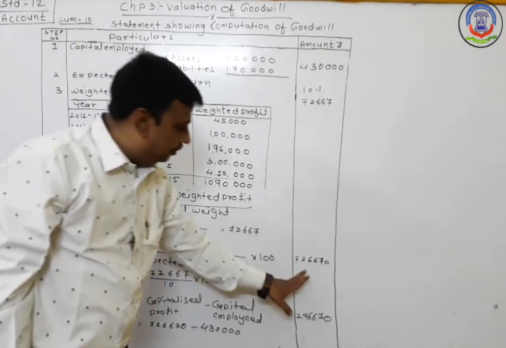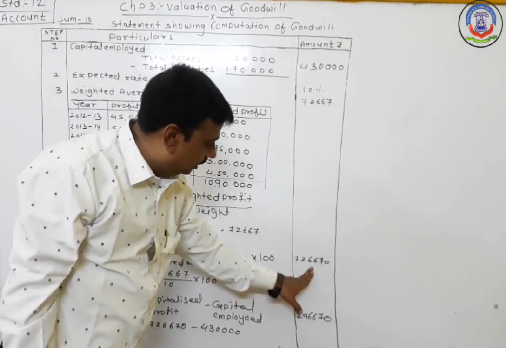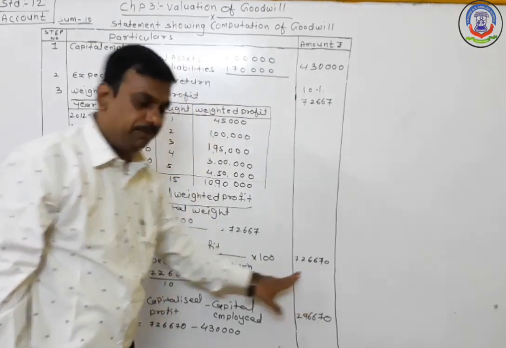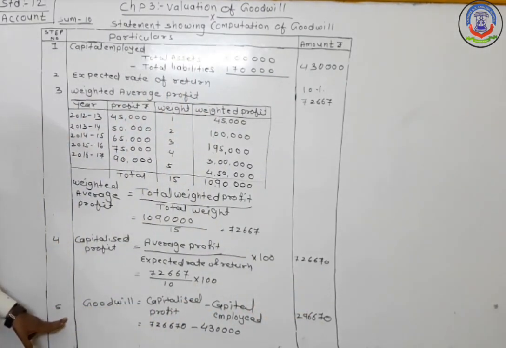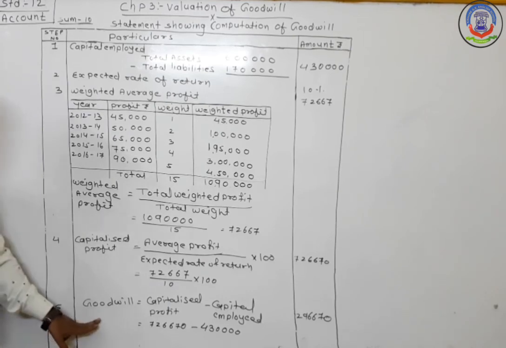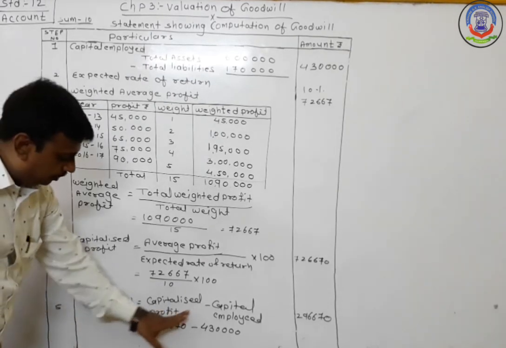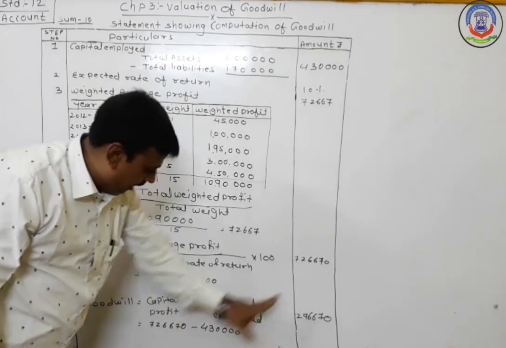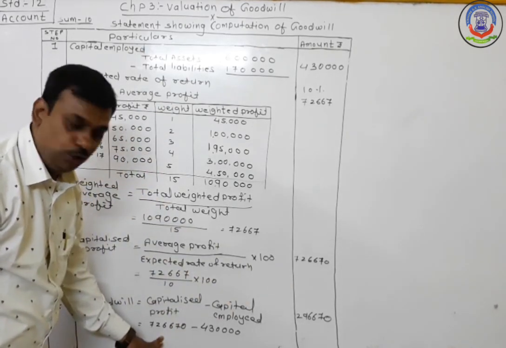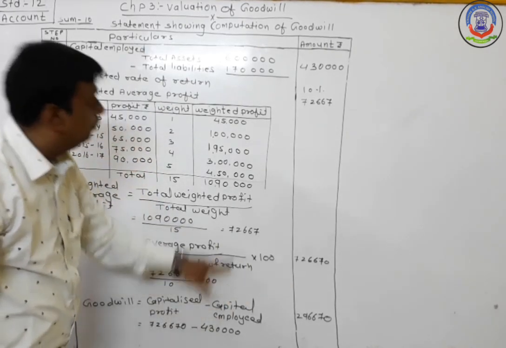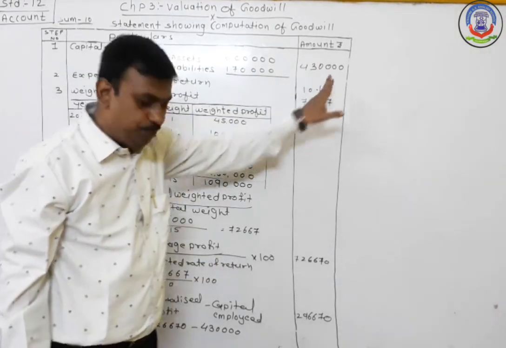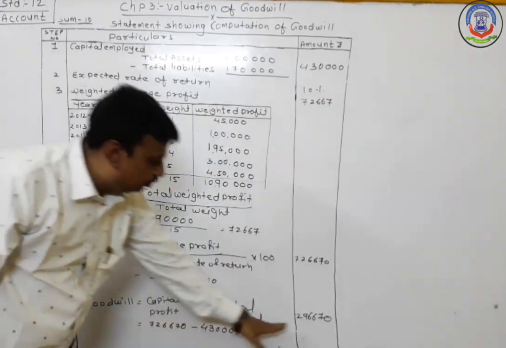Our capitalized profit is 7,26,670 rupees. And the fifth step is to find the goodwill. Goodwill equals capitalized profit 7,26,670 rupees minus capital employed 4,30,000 rupees. Our goodwill is rupees 2,96,670.